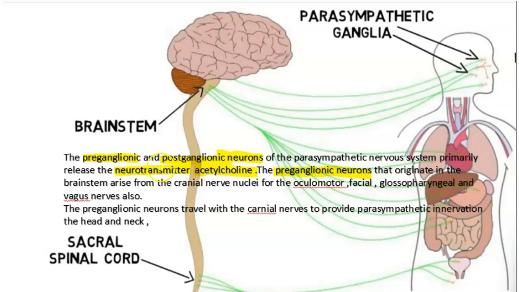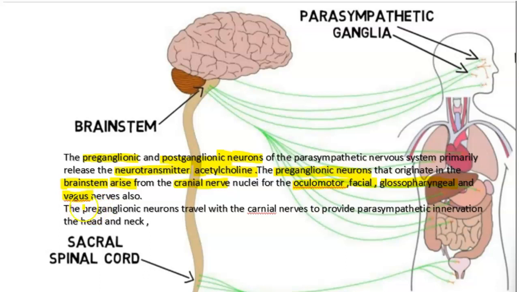The preganglionic neurons that originate in the brainstem arise from the cranial nerve nuclei for the oculomotor, facial, glossopharyngeal and vagus nerves.